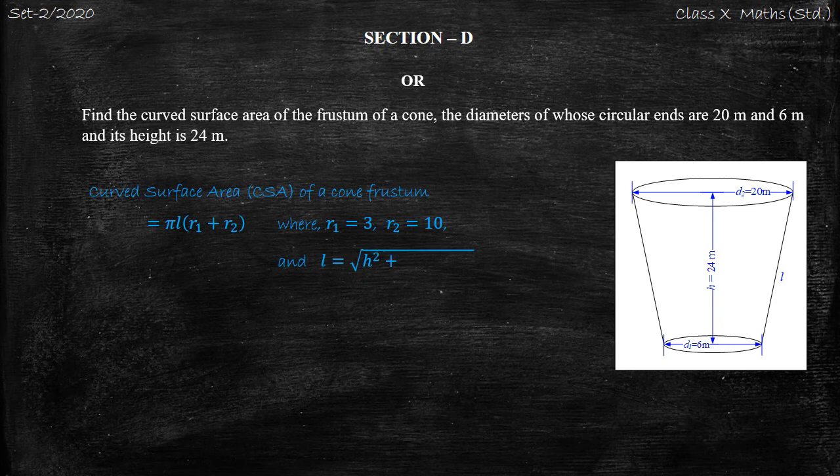To find L, you need to use this formula. So substituting these values, we get the curved surface area as 325 pi meter square.